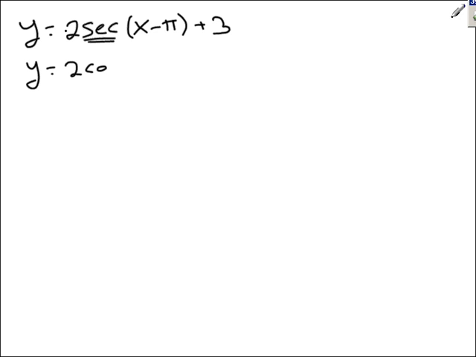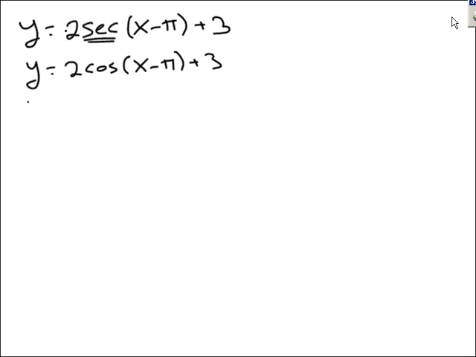Graph y is equal to 2 secant of x minus pi, plus 3. So we're going to first graph y equals 2 cosine of x minus pi plus 3.